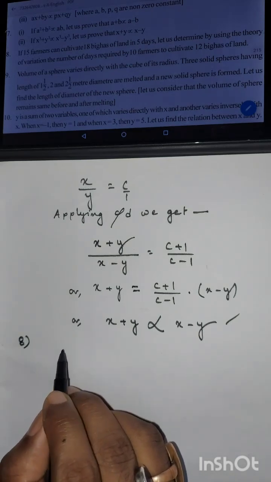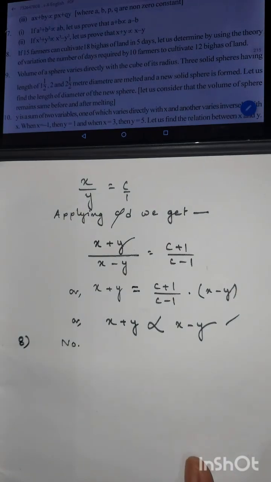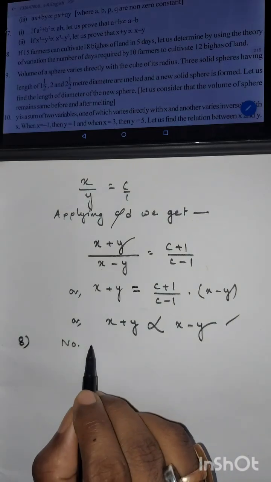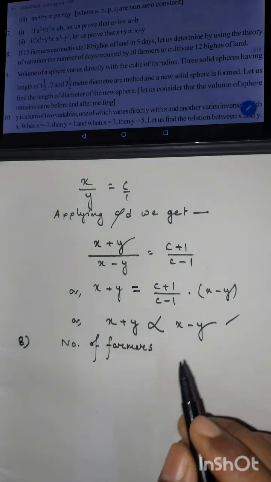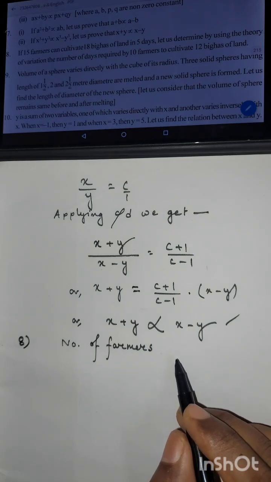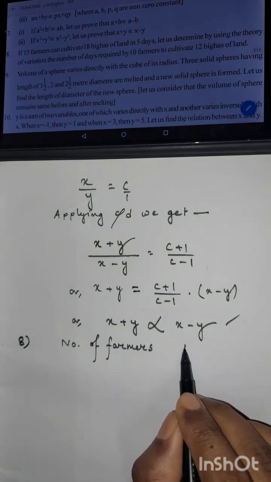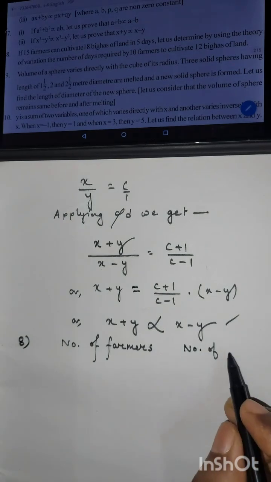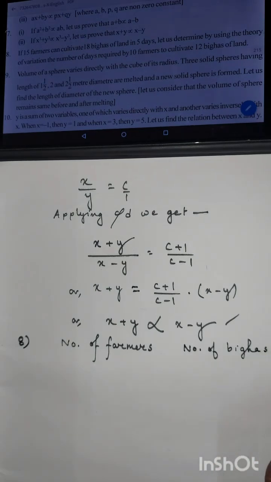Number of farmers, number of bighas and number of days.